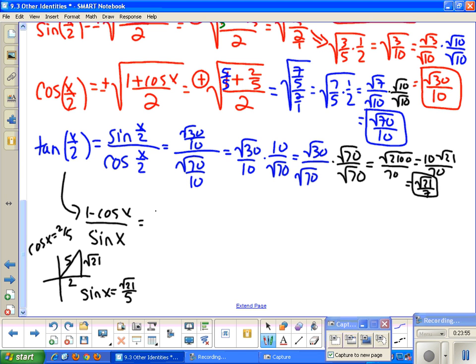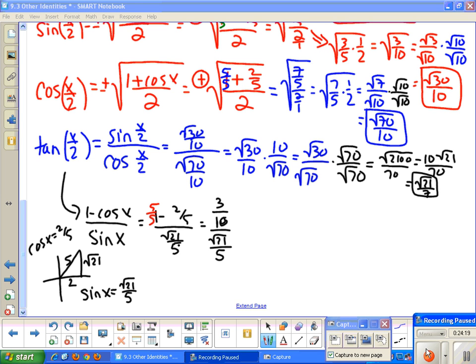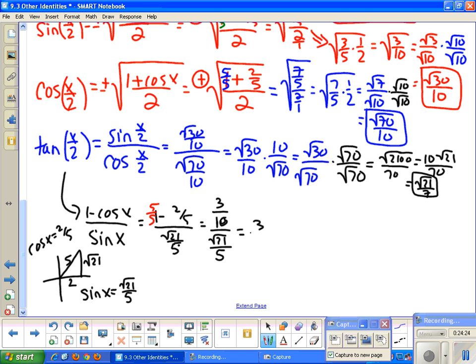and if I plug that in, I get 1 minus 2/5 over root 21 over 5, and then I would get a common denominator in my numerator, so this would be 5 over 5. When I do that, I get 3/10 over root 21 over 5, which is 3/10 times 5 over root 21.